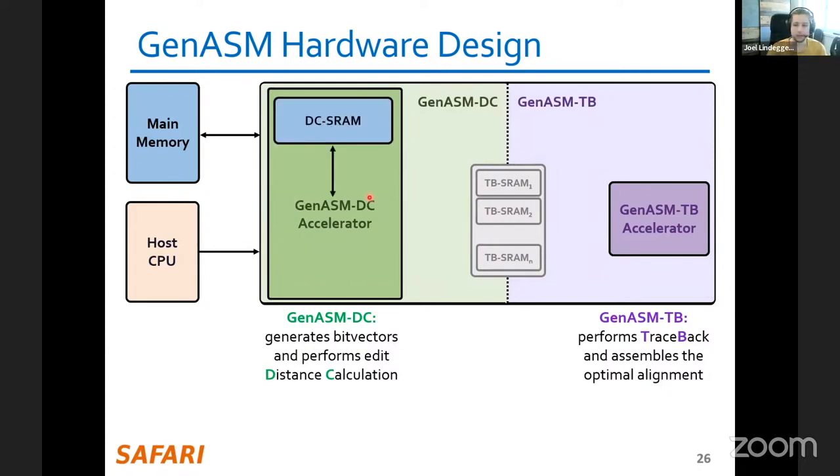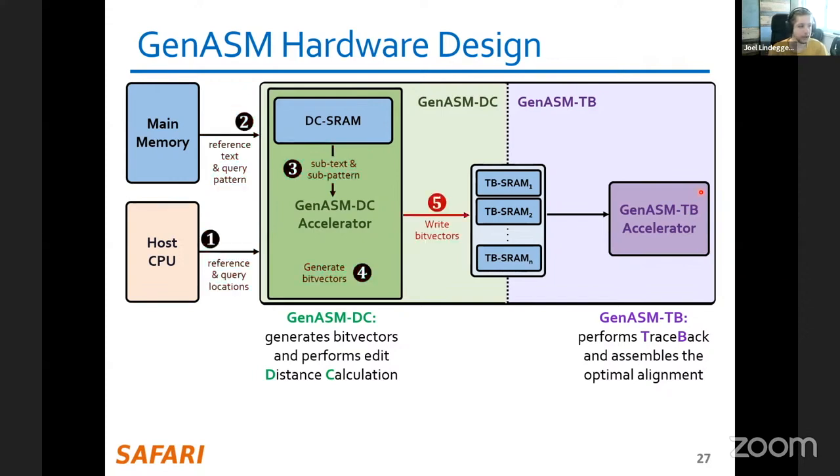So the GenASM-DC accelerator consists of some on-chip memory, and it then does some computation over there, sends it to some more on-chip memory, these TB SRAMs, and from there the TB accelerator reads whatever it needs to do for achieving traceback. So I'll quickly animate through here.